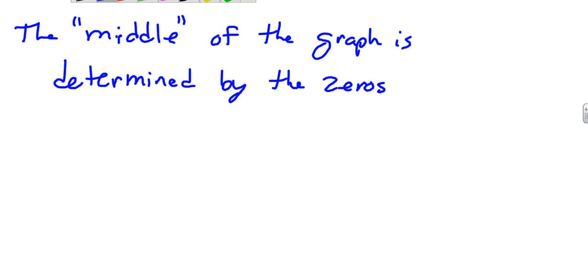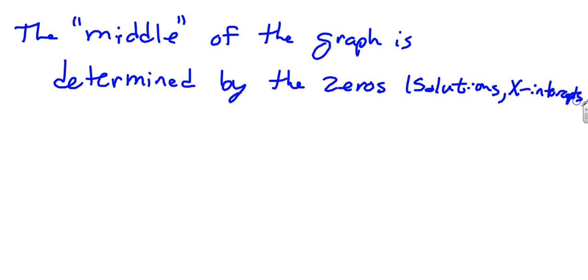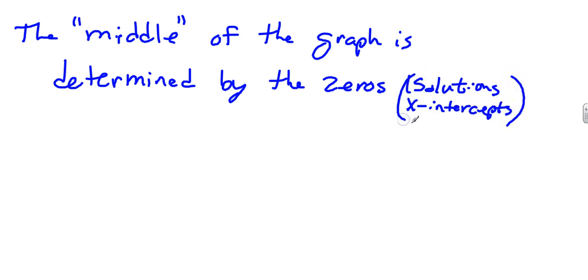And again, the zeros is basically the same thing as the solutions or the x-intercepts. So when they talk about the zeros, that's the same thing as the solutions, that's the same thing as x-intercepts. So the middle of the graph is determined by the zeros.